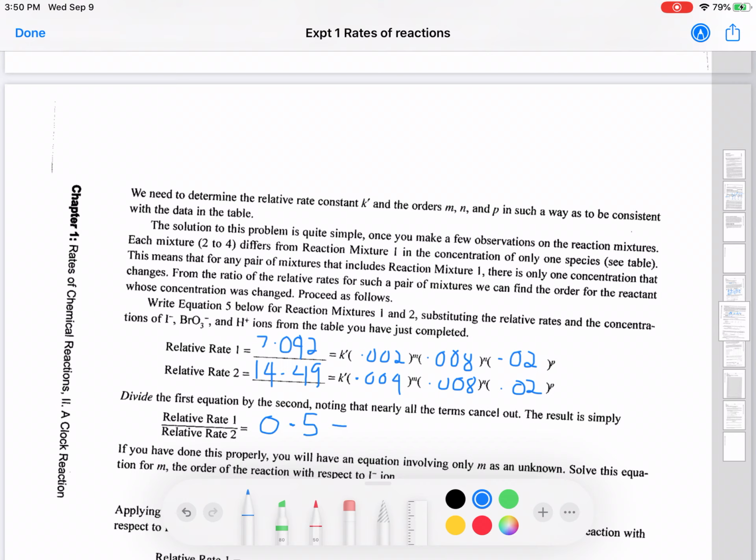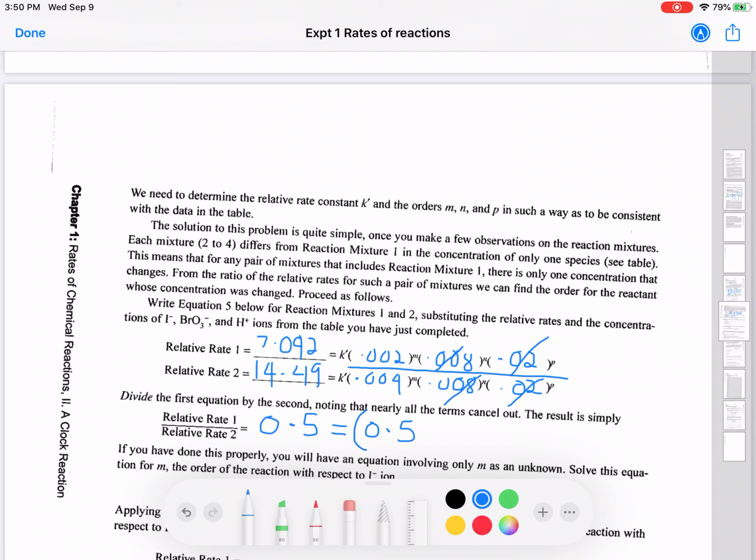And then also you're going to divide these two. When you divide the numerator by the denominator, this is the same, you can cancel 0.008. And then you're going to divide 0.002 by 0.004. What would you get? 0.5, correct?